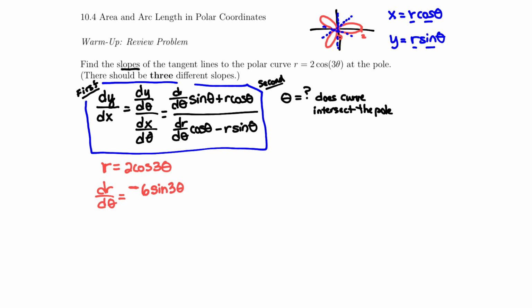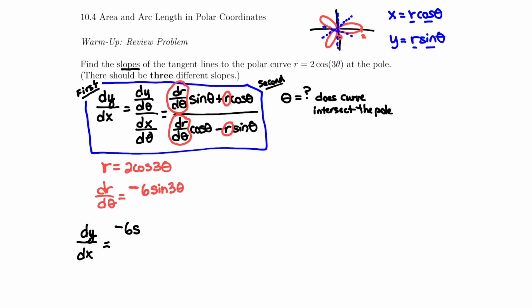What we're going to do is we're going to substitute. In place of dr d theta, you're going to put minus 6 sine 3 theta. And in place of r, you're going to put 2 cos 3 theta. And that's going to tell us the formula, or the way to derive the slope of the tangent line.